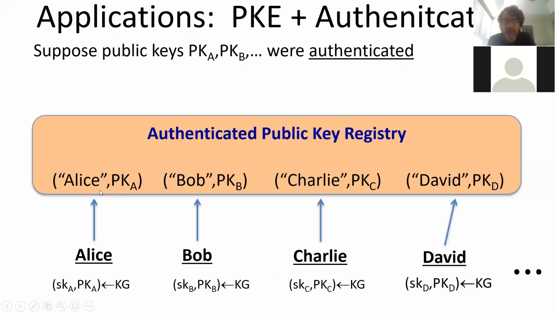If a registry, which in my previous slide was Facebook but here I call an authenticated registry of public keys, wrote down associations between public keys and identities, and was trusted to do so, verifying the source of these public keys and really authenticating Alice as the person who sends this public key, Bob as the person who sends this public key, etc., then anybody like Charlie who wants to talk to Alice would get this association from the registry and treat PKA as the real public key of Alice, and therefore encrypt keys for her and establish a secure key exchange.